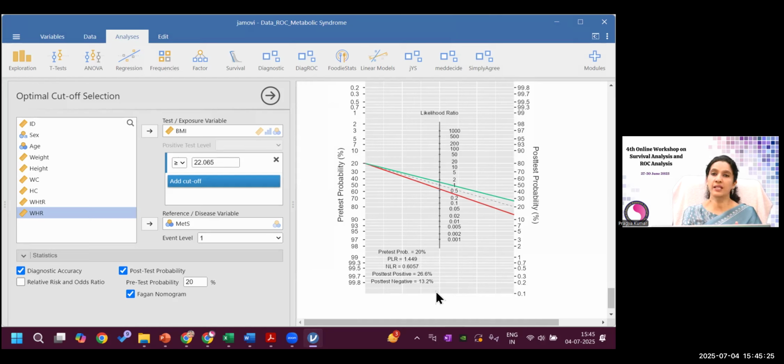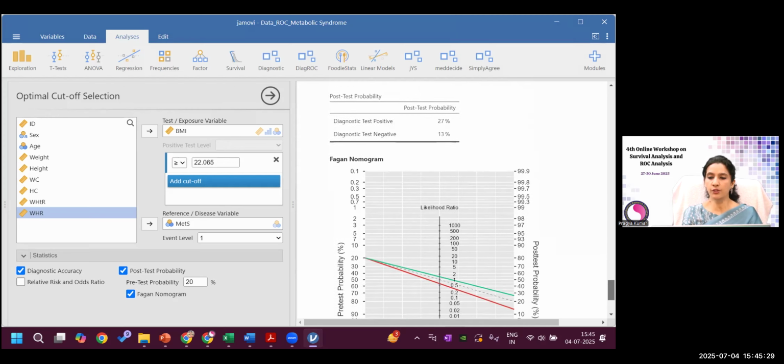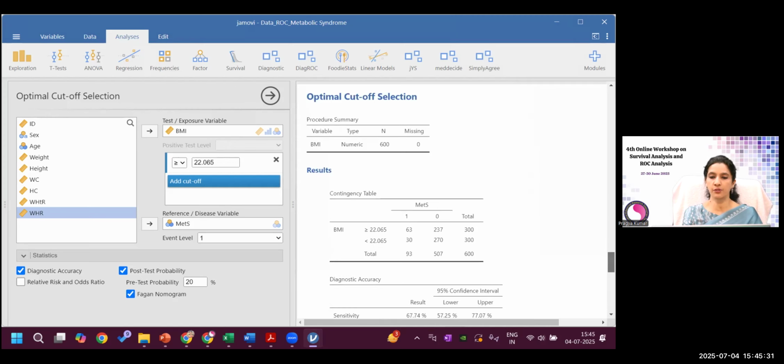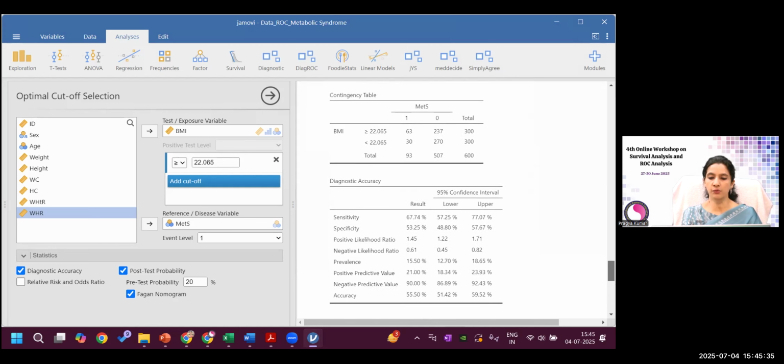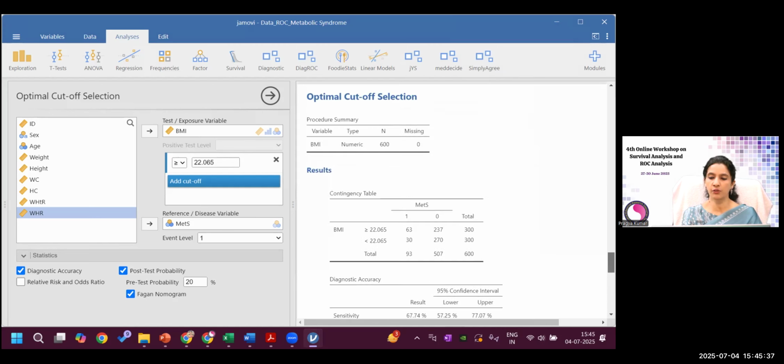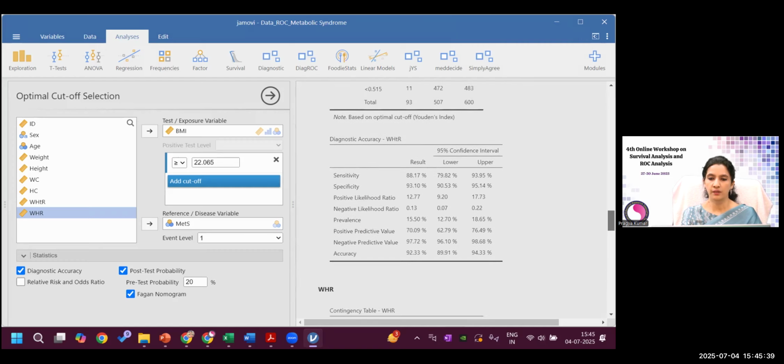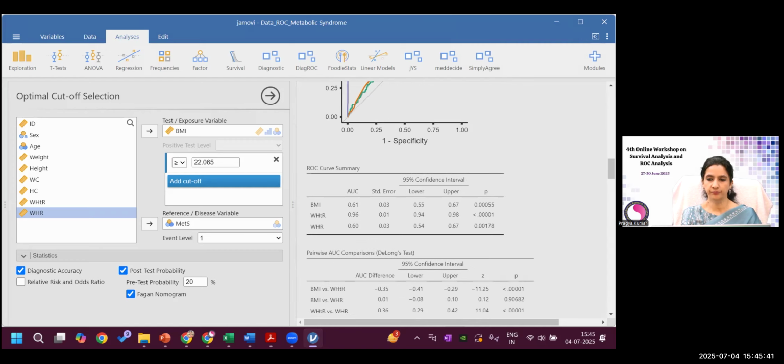So both of these are very poor. Why? Because if you see the AUC, just for demonstration, the AUC is very poor. AUC is only 0.6. It was 0.62. If I show you the above one, the comparison of AUC of BMI is 0.61, which is very poor.